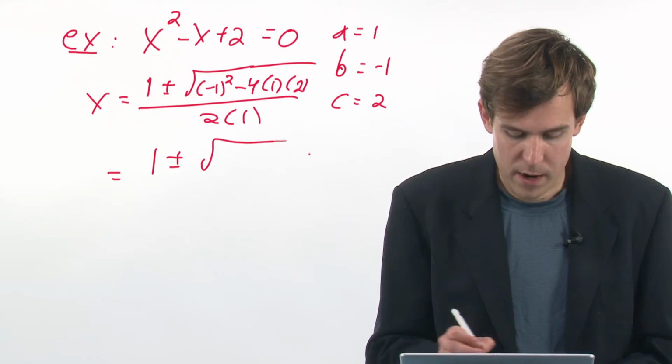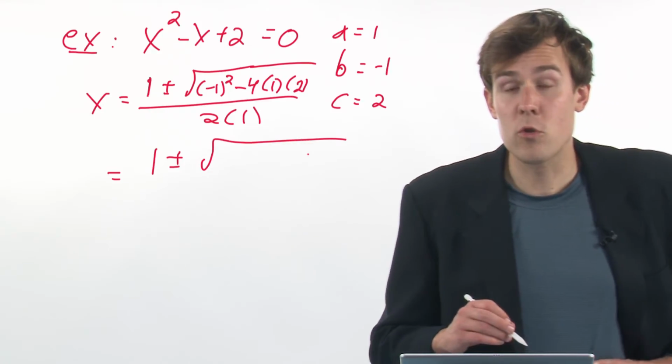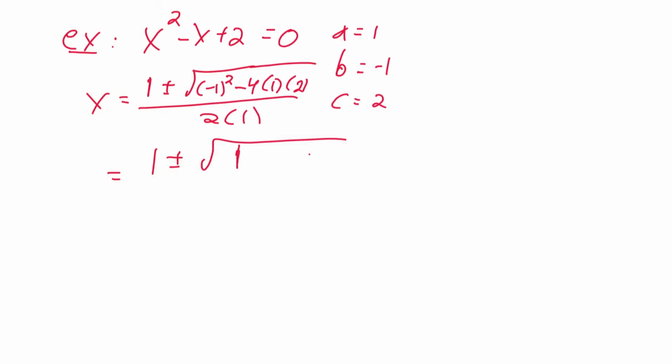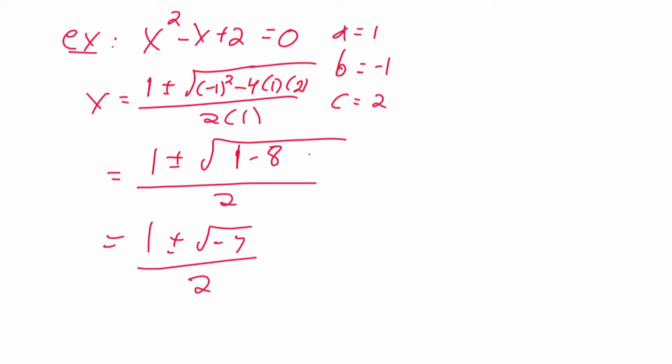So 1 plus or minus the square root of 1 squared, which is 1, minus 4 times 1 times 2, which is 8, so minus 8, divided by 2. So I get 1 plus or minus the square root of negative 7, over 2. So I think this is a little strange, right? We have the square root of a negative number here.